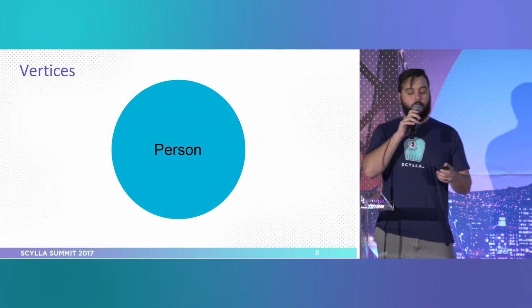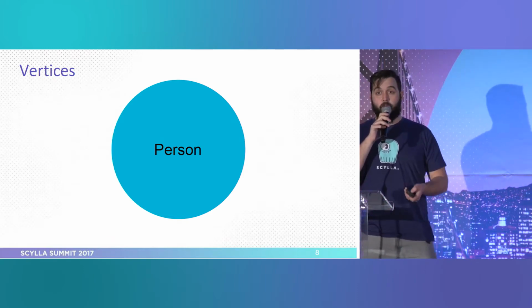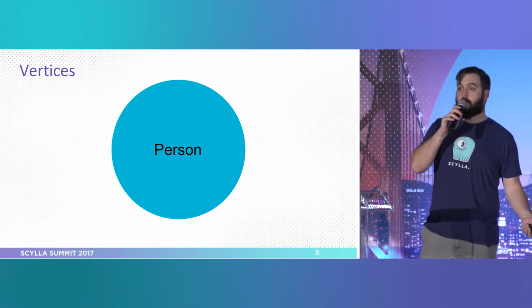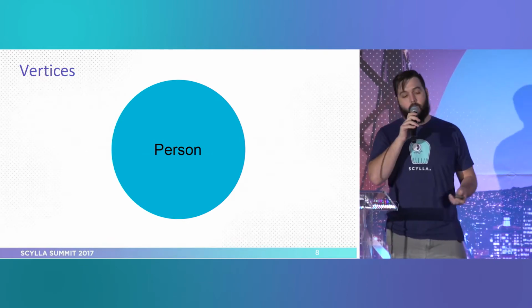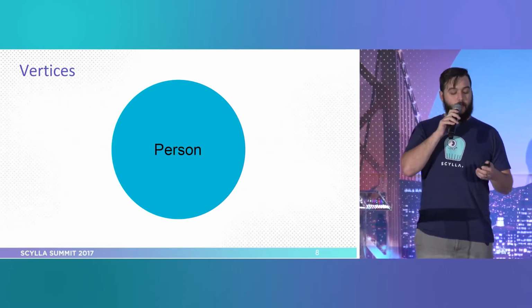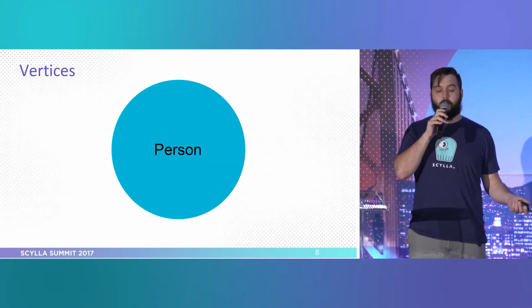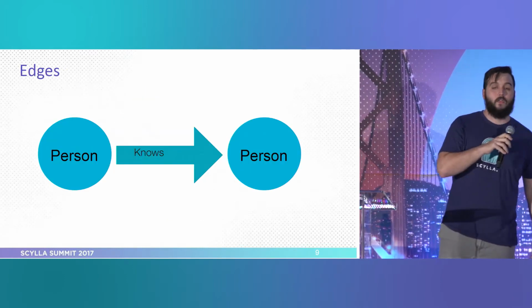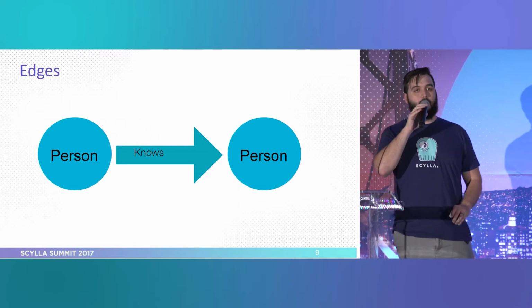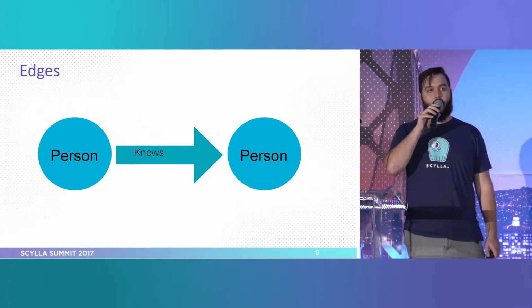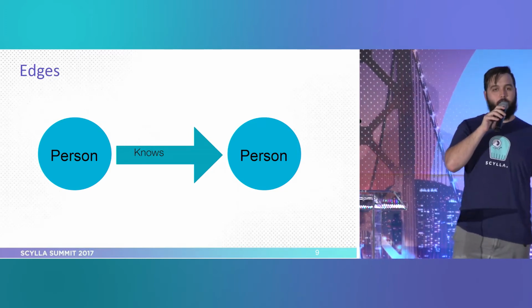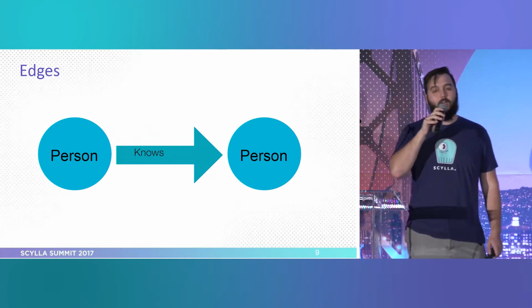So vertices like this can have a label. This one is a person. It's kind of akin to a type. And vertices are connected by edges. Edges are a second-class citizen in the Tinkerpop graph property model.